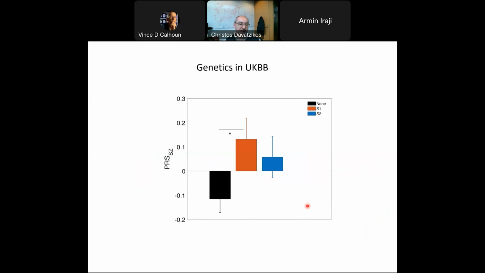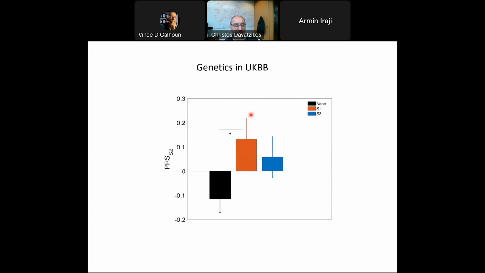And what was perhaps the more tantalizing result, from the American Journal of Psychiatry paper that we had, was that if you go to the UK Biobank and look at people who don't have schizophrenia, we excluded anybody who had a diagnosis. There are very few people who have a diagnosis of schizophrenia. And we looked at the presence of this imaging signature by applying the machine learning model there.